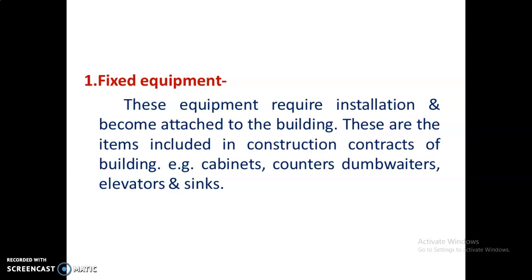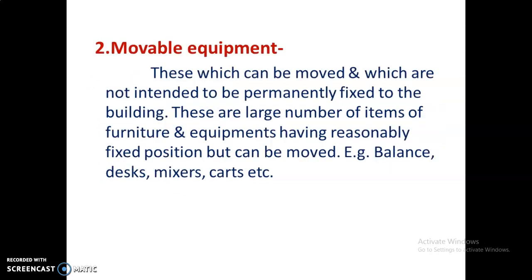So what are fixed? There are some fixed equipments and some movable equipments. Fixed equipments require installation and become attached to the building. These are the items included in construction contracts of the building. Examples: cabinets, counters, dumbwaiters, elevators, and sinks. Movable equipments can be moved from one place to another and are not intended to be permanently fixed to a specific area in the building.